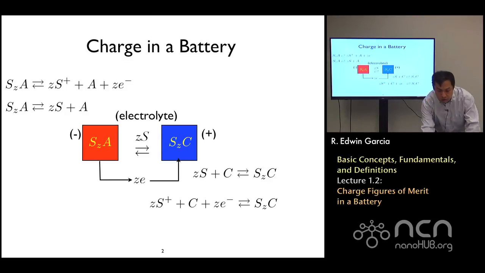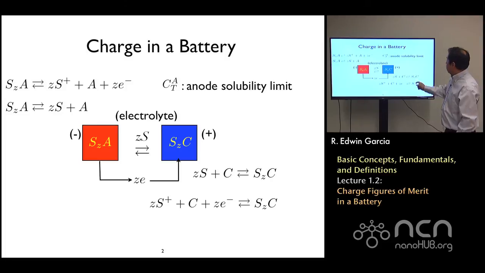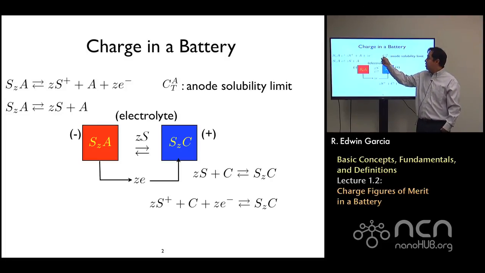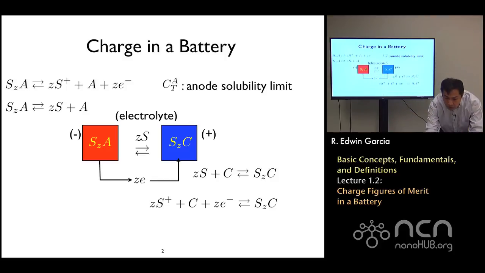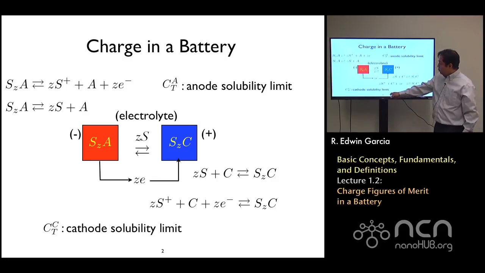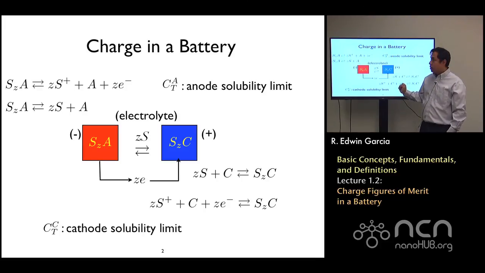Each of them, therefore, has a solubility limit. You can think of it as a number of how many moles of species S per meter cube you can store here, and how many moles per meter cube you can also store in the cathode.